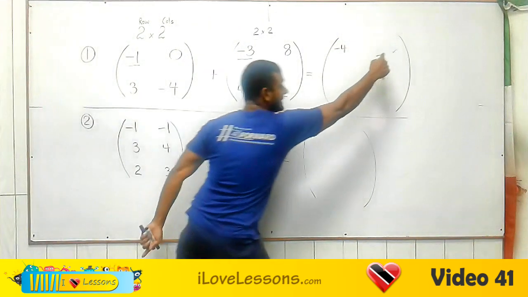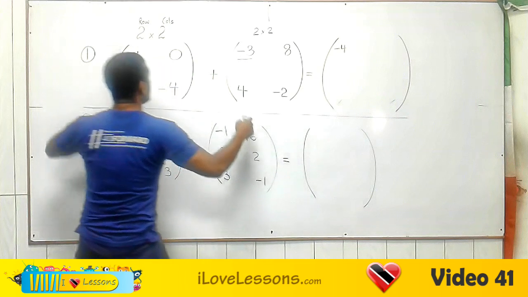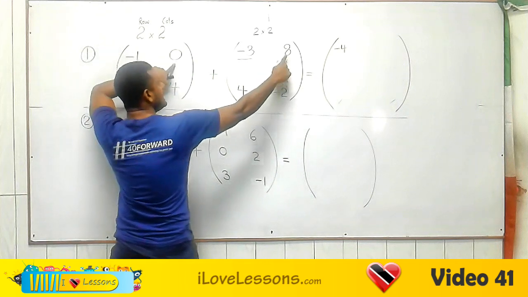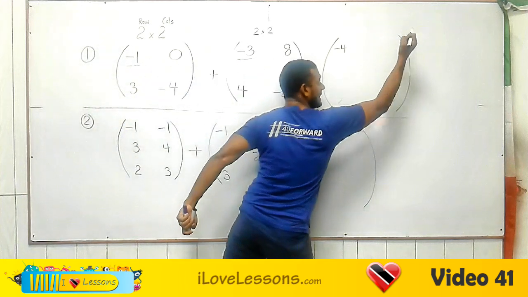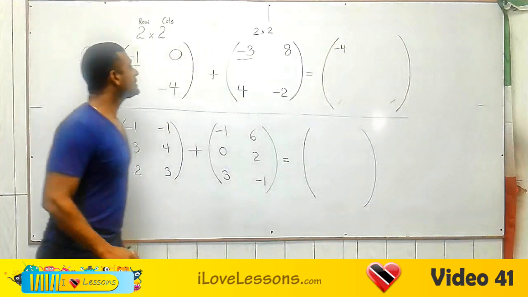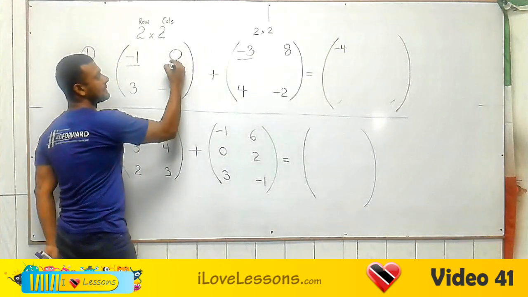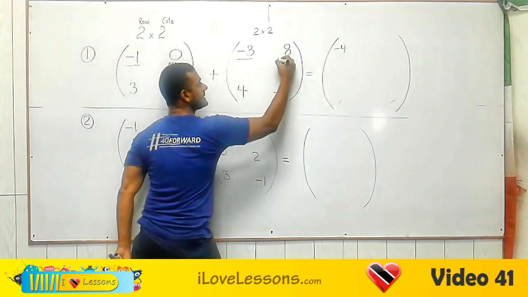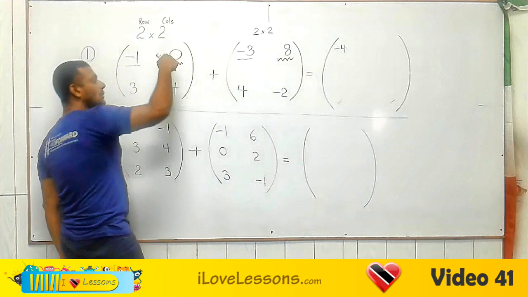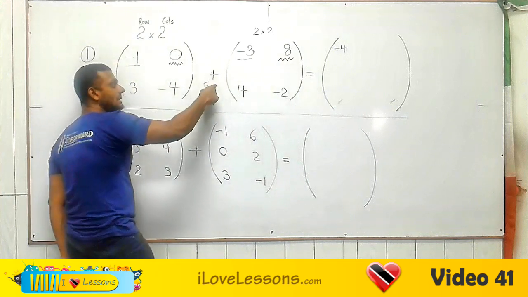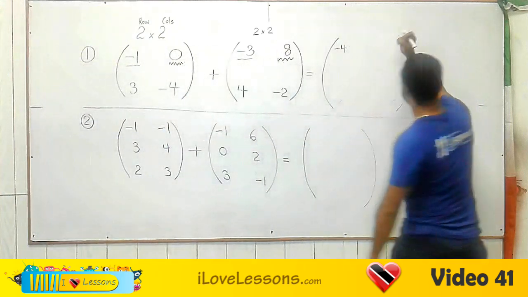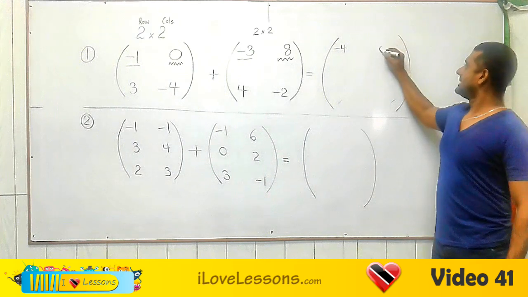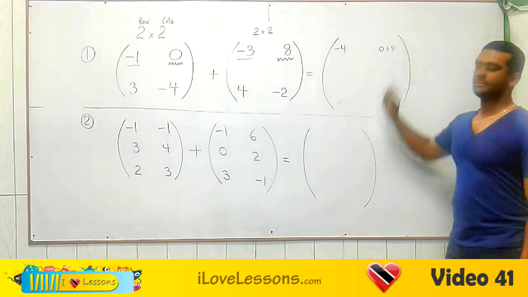To get this answer, we add these 2, because these 2 are in the same position as this one. I'll put a different symbol underneath, a more zigzaggy line. We're going to add these 2 guys, 0 plus 8.